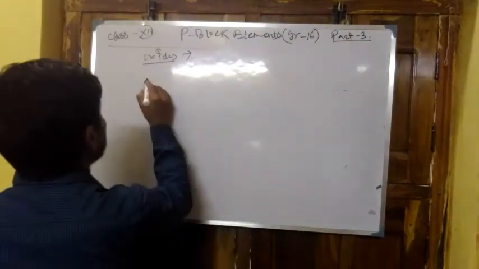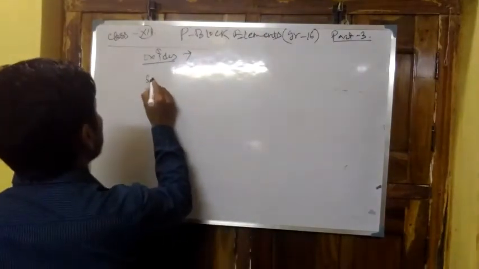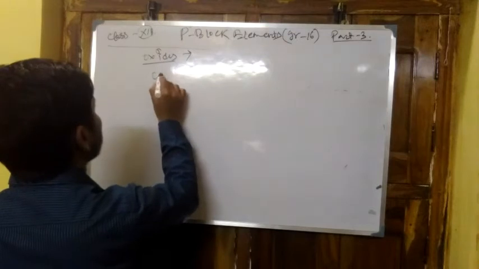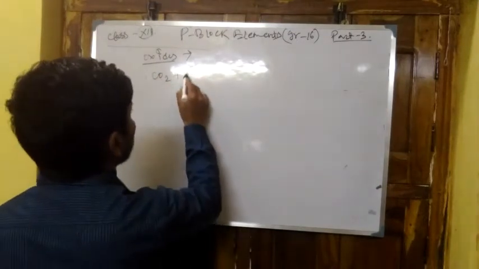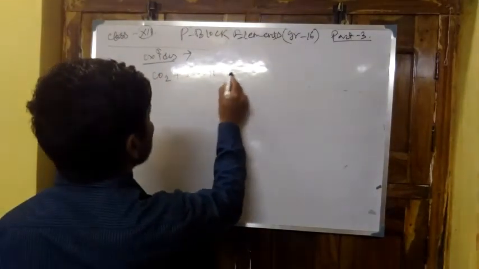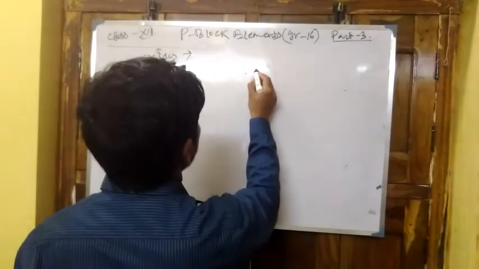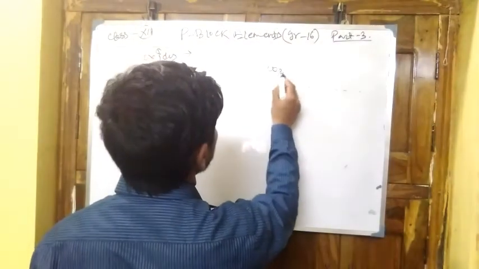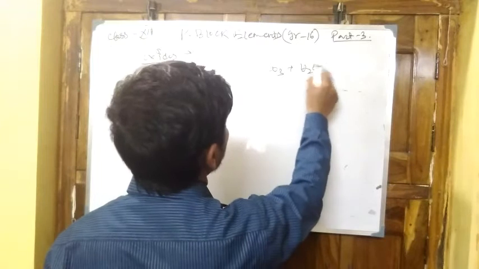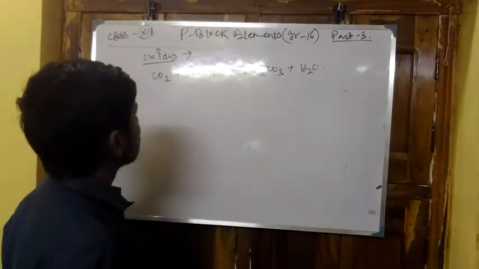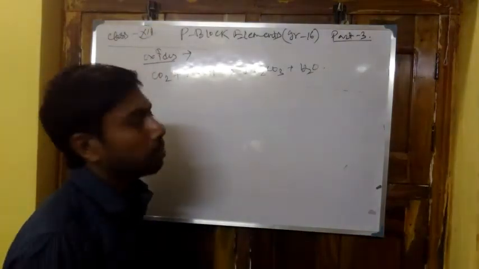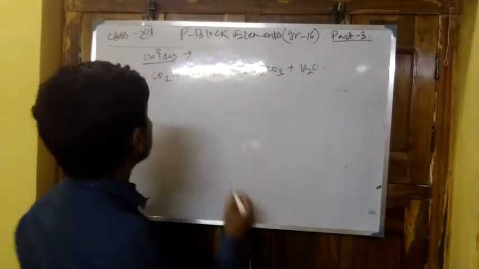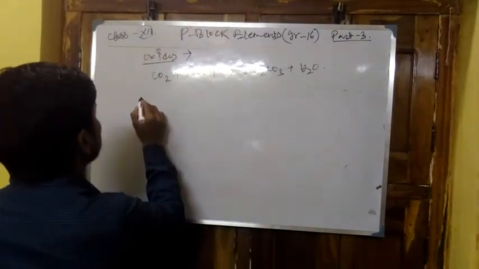As it is acidic in nature, CO2 may be an example. It will react with a base forming salt, that is Na2CO3 plus water. So the general reaction is acidic oxide plus base forming salt plus water. Second one, basic oxide.